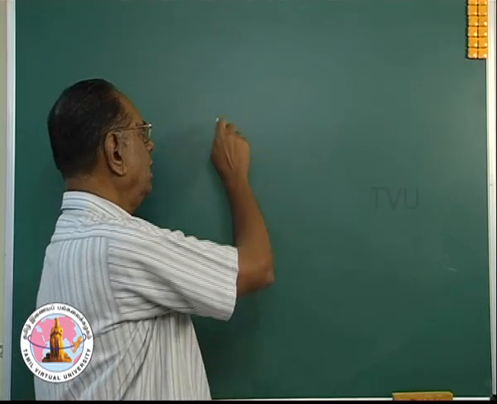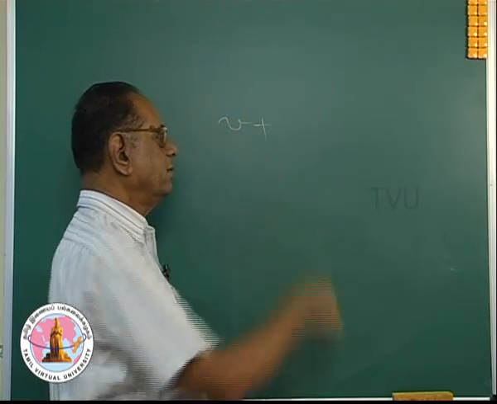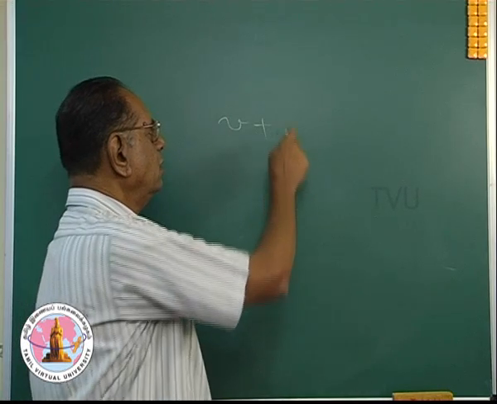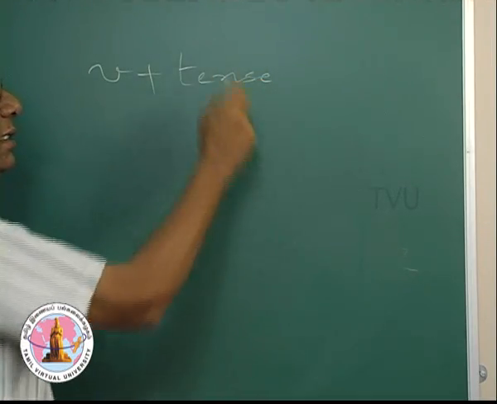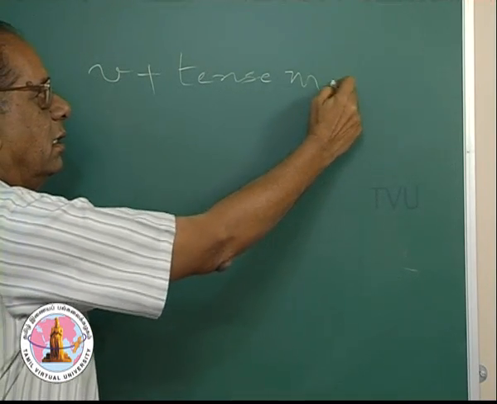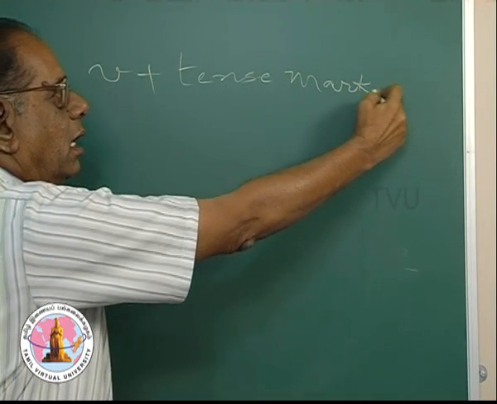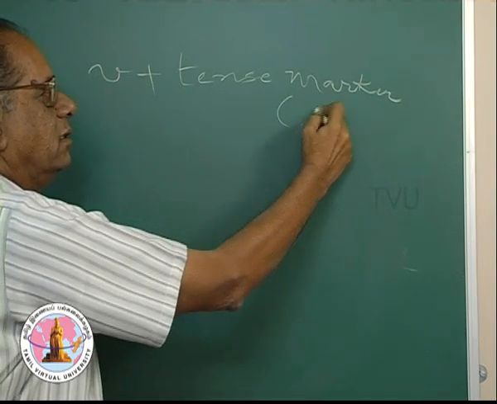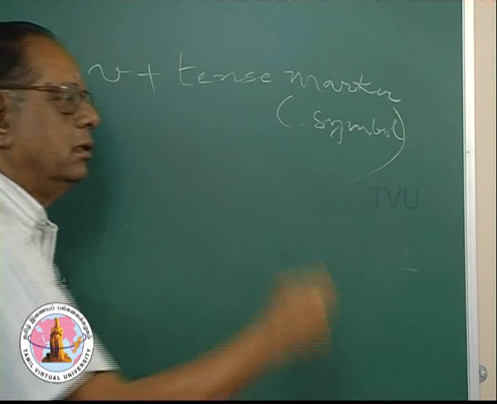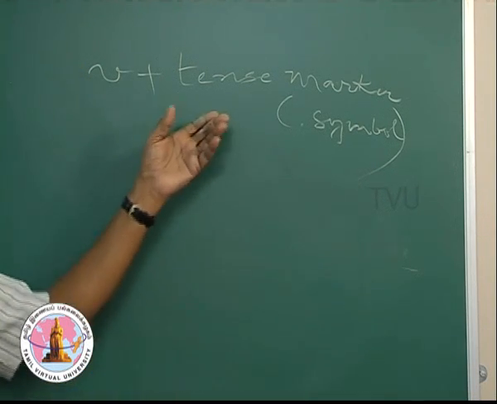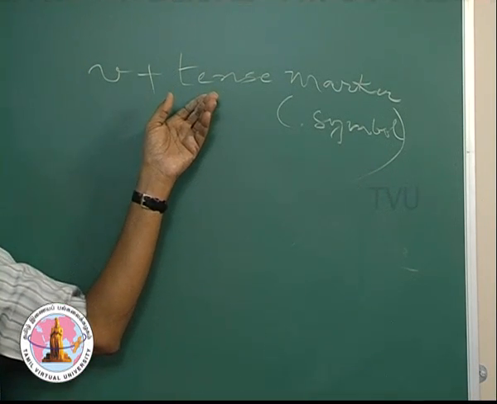That is to say, the verb is there and then you have a tense marker or a symbol, this is to indicate the time of action.